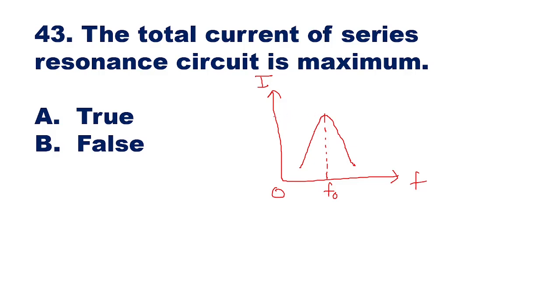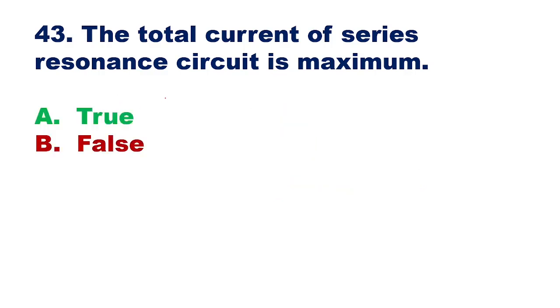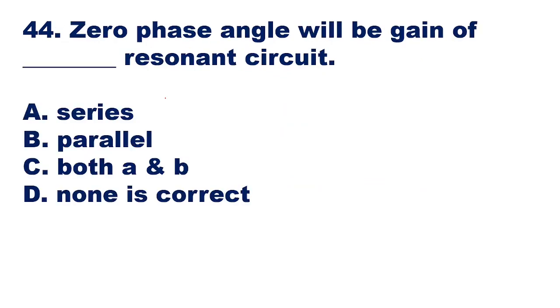So we'll have maximum current here, I max. So the statement that the total current of series resonance circuit is maximum is true. So option A is the right answer. Then we'll go to the next question.